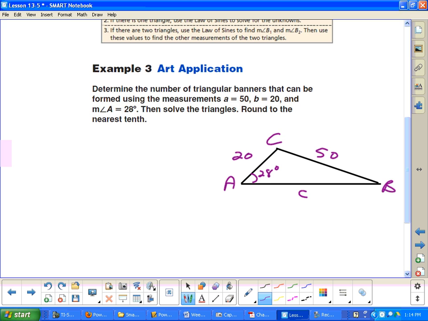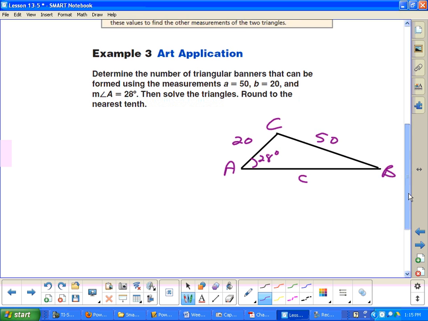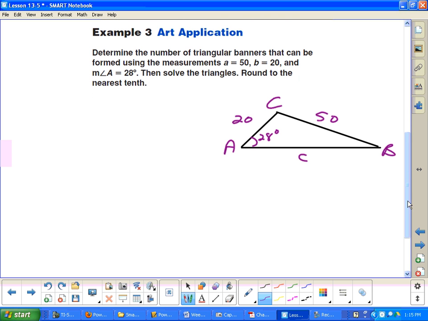Now, make sure, this is not a right triangle, so you cannot use the Pythagorean theorem to find side c. It doesn't work. So set up the law of sines.